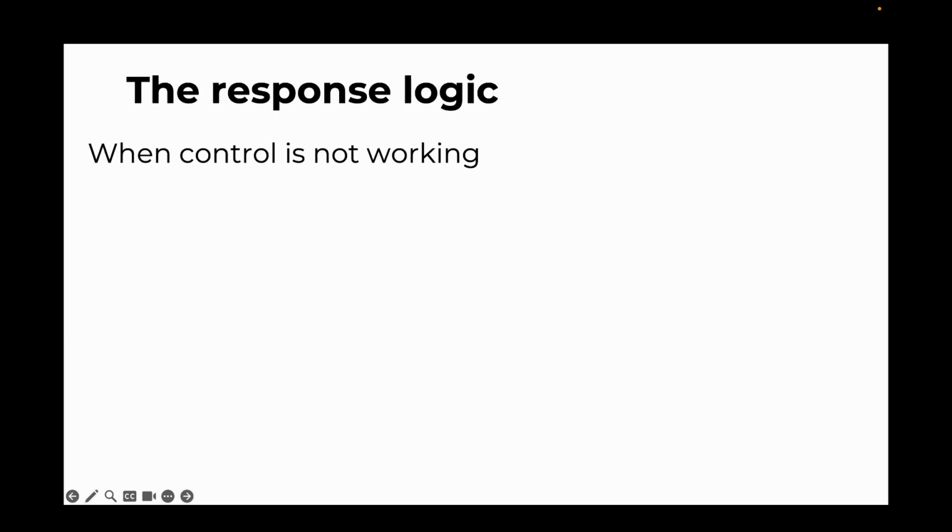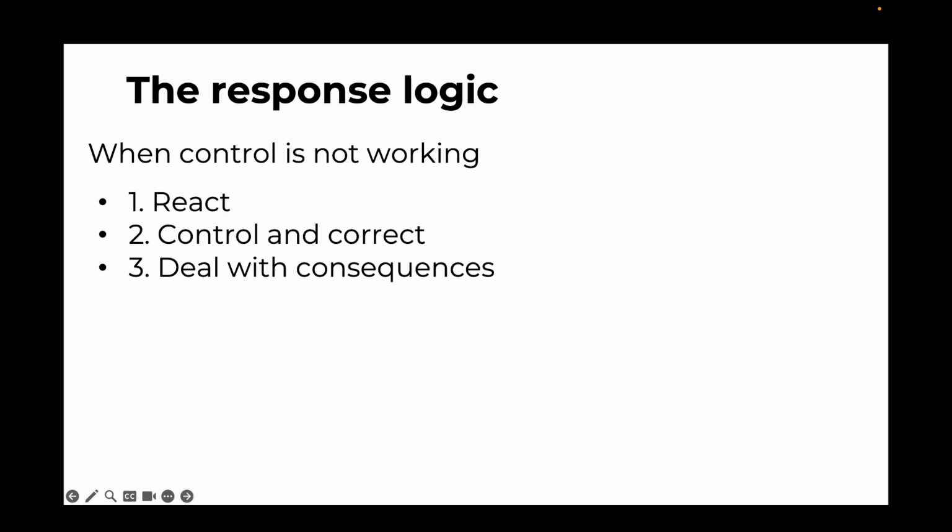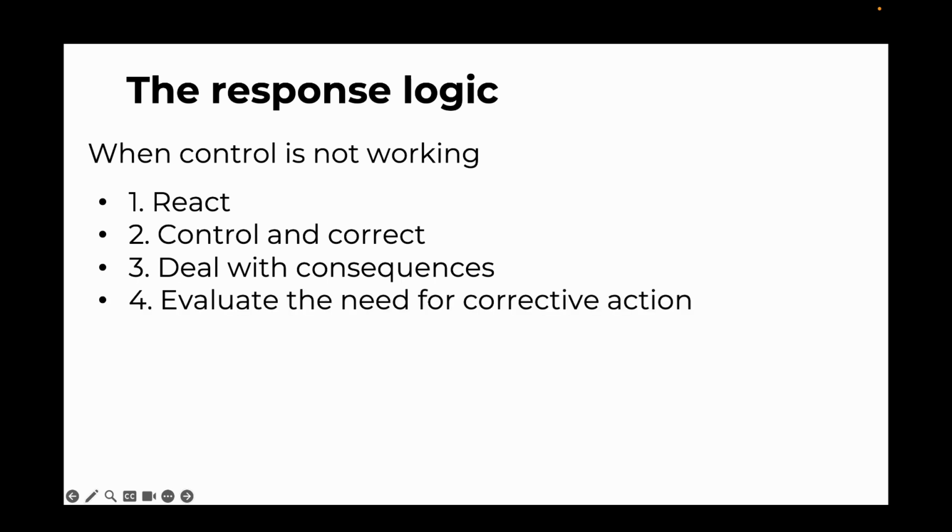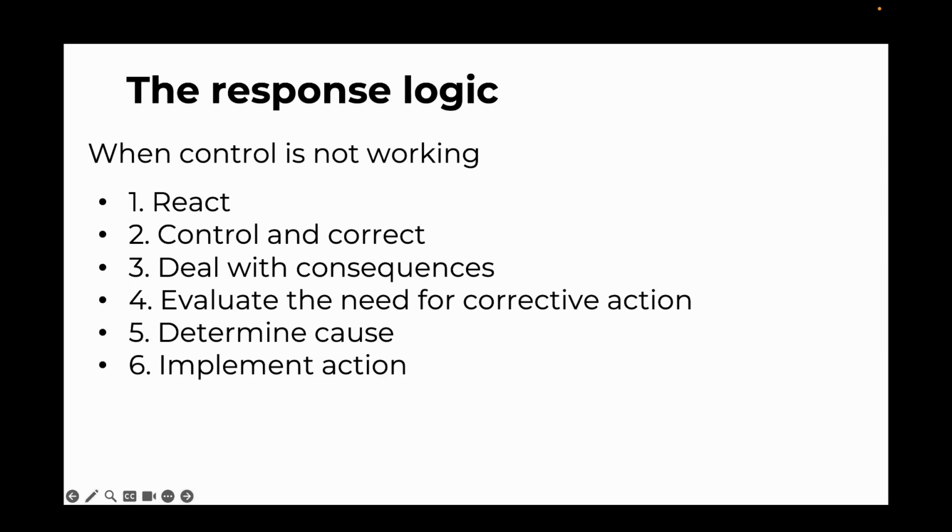When control is not working, BlueRiver needs a response logic. Well, first react, then control and correct the situation. Deal with the consequences, including possible environmental impacts. Then evaluate whether corrective action is needed. If it's needed, determine the cause. Implement action.